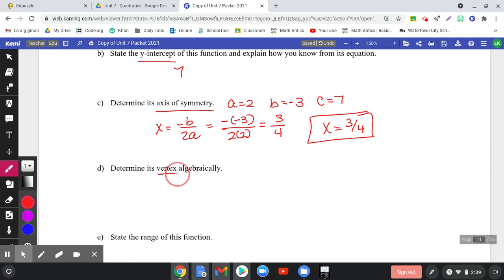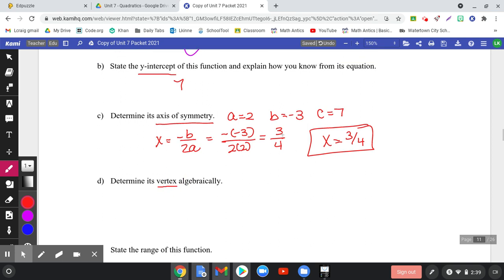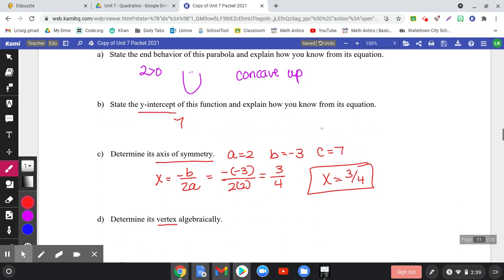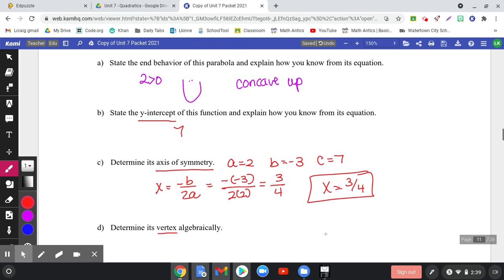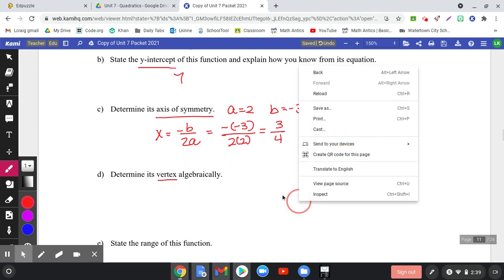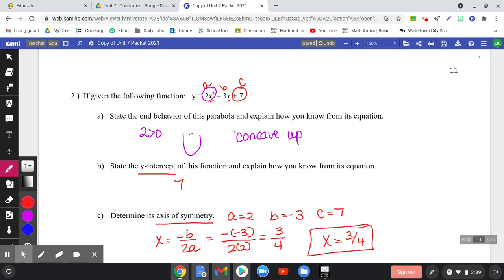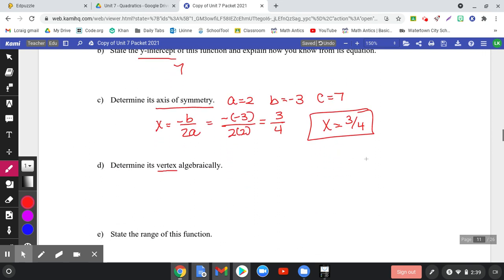So if I want to figure out the vertex, remember, take your original equation, and we're going to take out the x's and plug in what we got for our x value for our vertex. So 2x squared minus 3x plus 7.